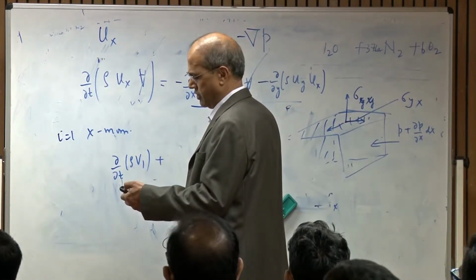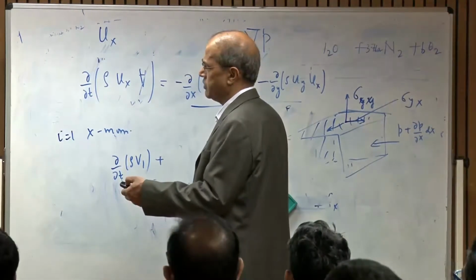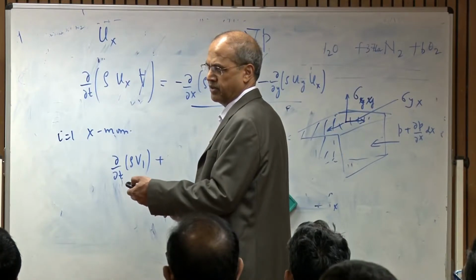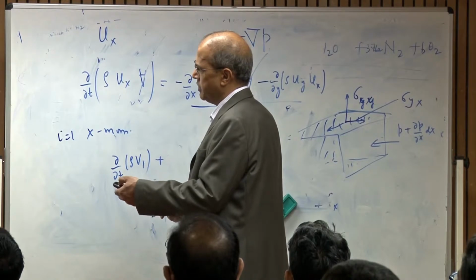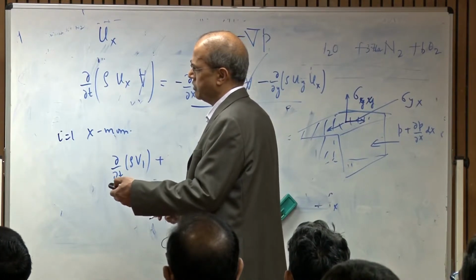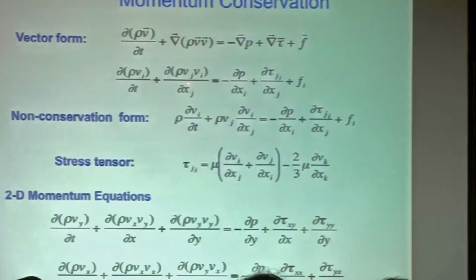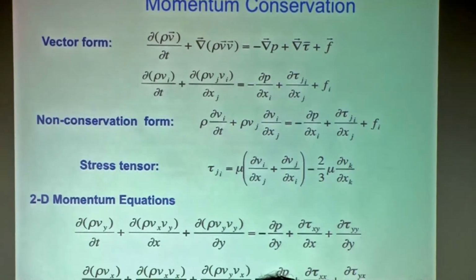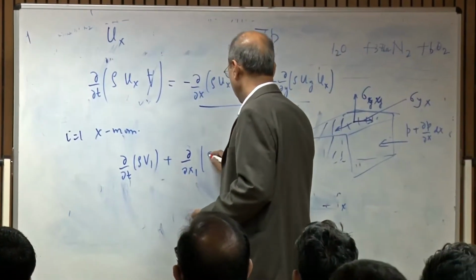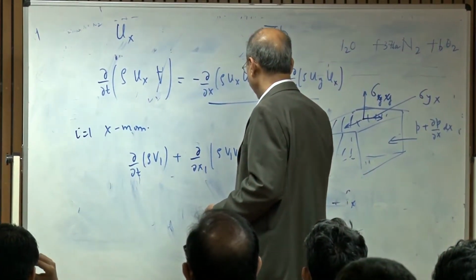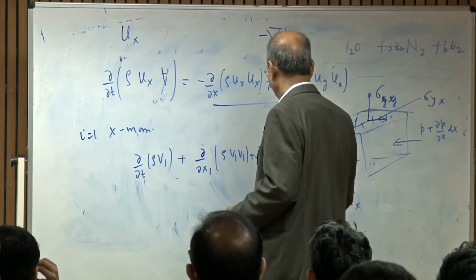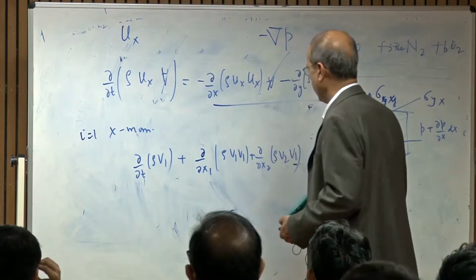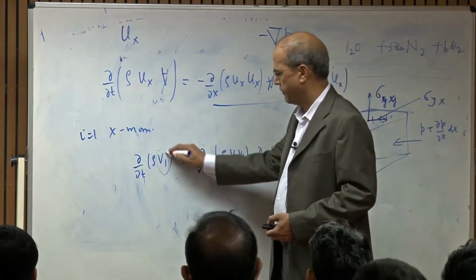So this j here, and this j means you write three terms. Okay. When you see same index, same subscript appearing in the equation twice, that indicates the sum. Okay. So this will be ddx1 rho v1 v1 plus ddx2 rho v2 v1. Okay. So the equation is for v1.